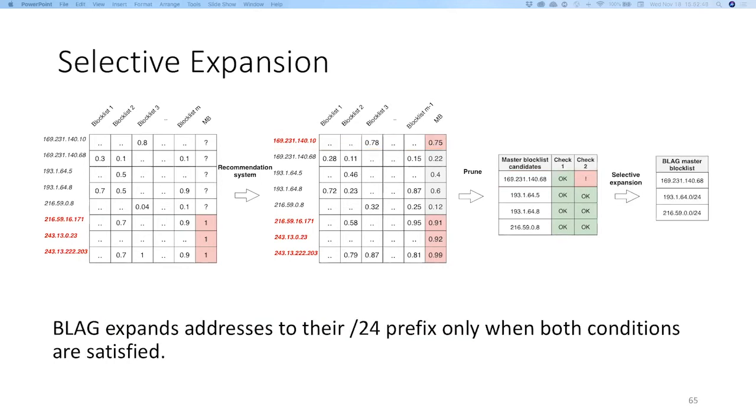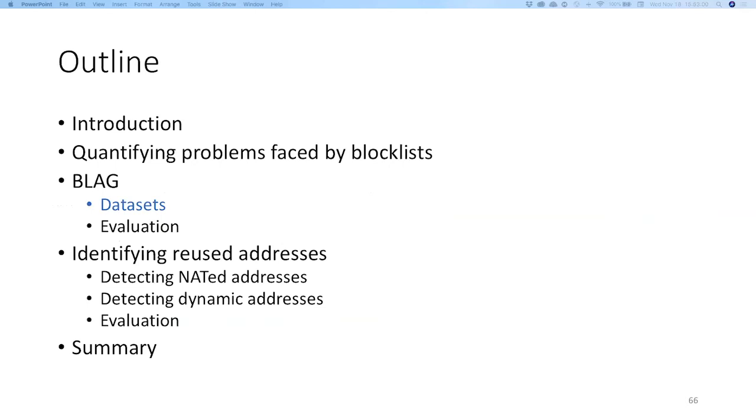So finally, BLAG expands all the IP addresses that could be expanded into their /24 and leaves behind IP addresses which fail either one of the checks. So that's how BLAG works in these three steps. And now let's look into the datasets which were used to evaluate the performance of BLAG.